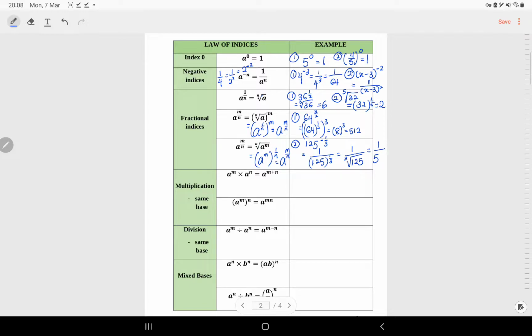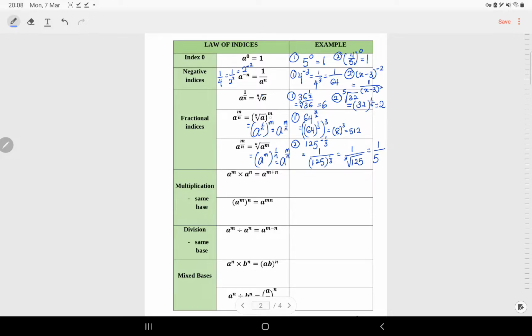So you have 3 different laws where you have a fraction in your power: 1 over something, and m over n, but this is also the same as 1 over something, where you do a to the power 1 over n and multiply the whole thing to the power m.